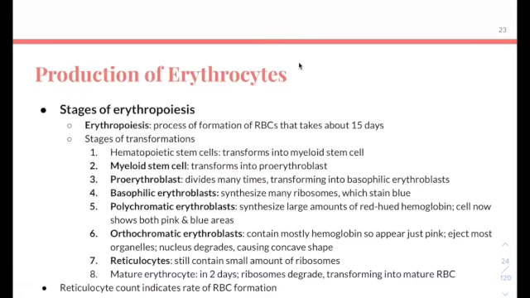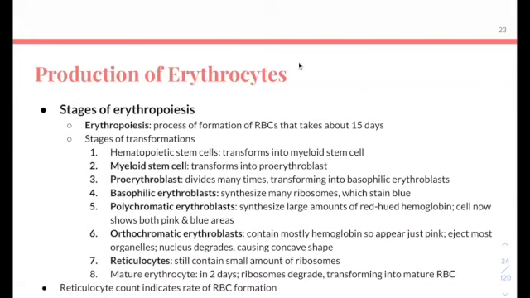This is when, at stage 6, we lose all the organelles and the nucleus degrades, and as everything is leaving or being degraded within that red blood cell, that's what causes that concave shape. Everything that was holding the middle part of that red blood cell up collapsed down because there was nothing there.